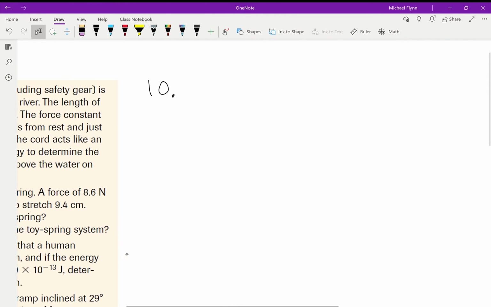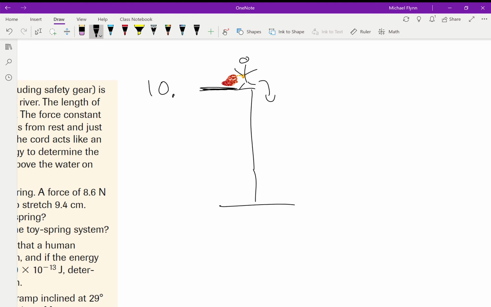So I'm going to assume that guy is standing on a bungee platform. Here's the bungee cord, all coiled up, and that is attached to the guy. And then he jumps over the side of this platform, like that.